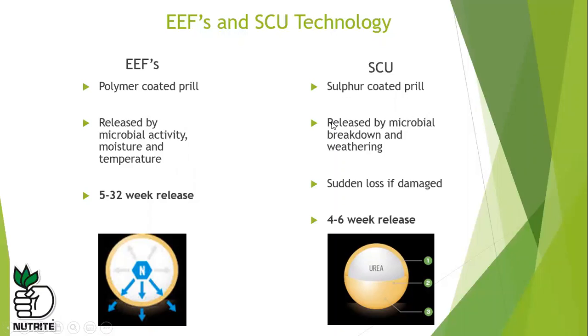It again is also released by microbial breakdown and weathering. But the big drawback here is a sudden loss if this prill is damaged, and typically a 4 to 6 week release in comparison to the 5 to 32. So if this coating of sulfur is chipped at all, the urea inside will release immediately, and that may or may not be what you want.